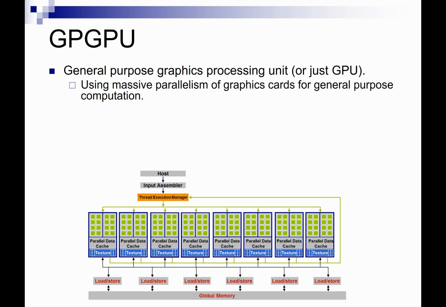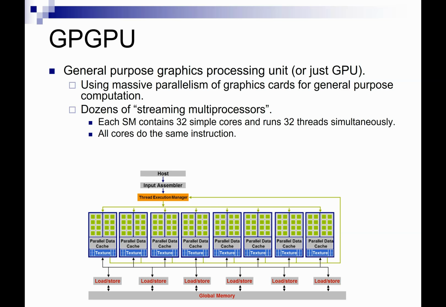GPUs are massively parallel, in the sense that they have thousands of processing cores. Unlike multi-core processors, which might only have a few dozen cores, GPUs have thousands. In this diagram below, every one of these green squares represents a core.